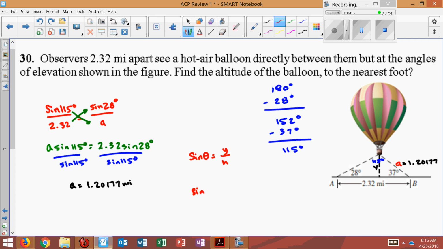So I could say sine, and the angle here is 37 degrees, equals y, which is unknown, over 1.20177. I multiply both sides by 1.20177. I do it over here as well. And let's see what we get.